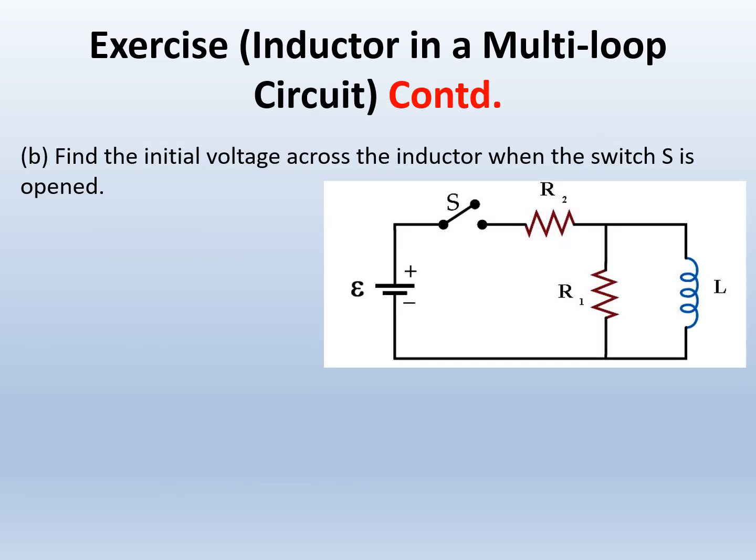This part is an extension to the previous exercise. Here we are supposed to find the initial voltage across the inductor when the switch S is open. So we open the switch after being closed for a long time, and when we open the switch, the battery is not a part of the circuit, so we can take the battery away.